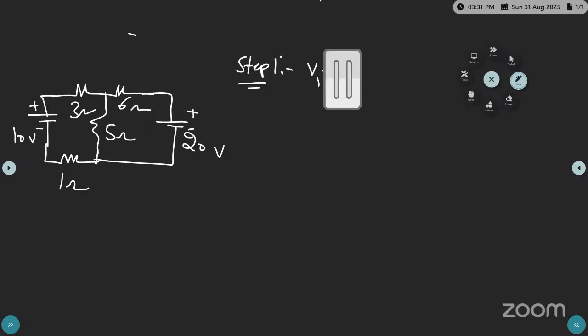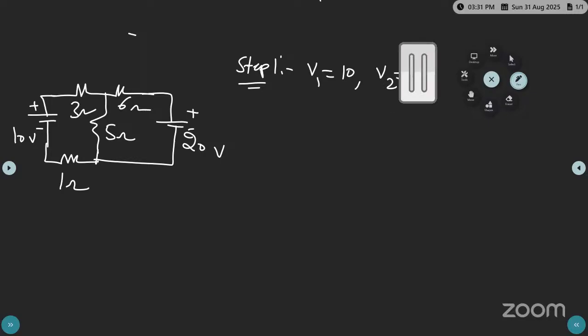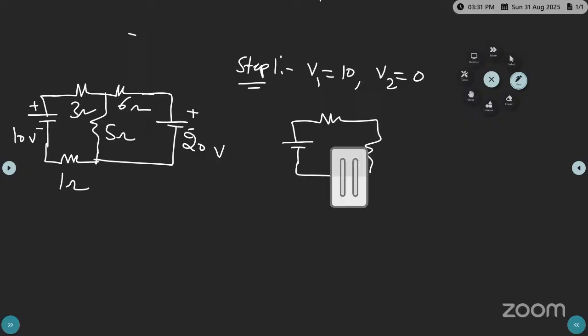V1 is 10, V2 is 0. The circuit is remodified as, only remove the 20 volt source.